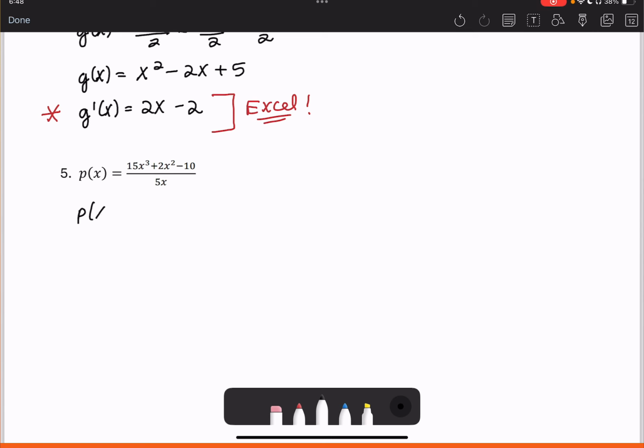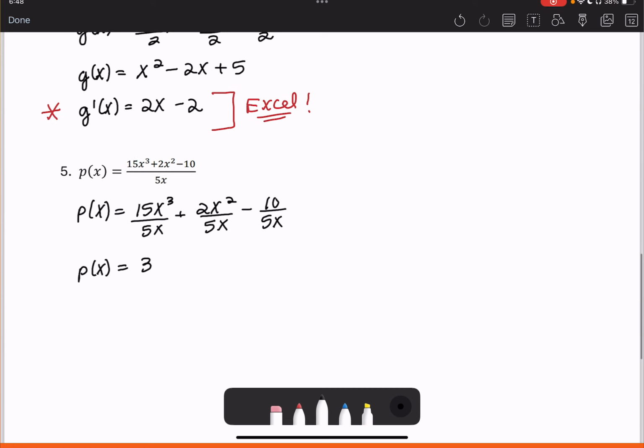So let's go ahead and do 5 here. This is 15x cubed divided by 5x plus 2x squared divided by 5x minus 10 divided by 5x. And you don't have to write this out. You can do this in your head if you're able to do that. So that would be 3x squared plus 2/5 x minus 2x to the negative 1.